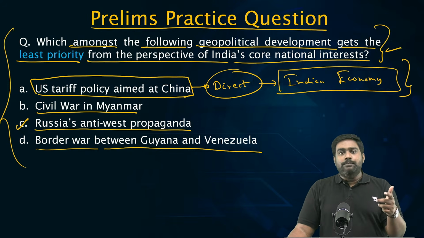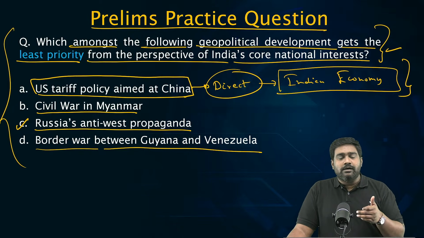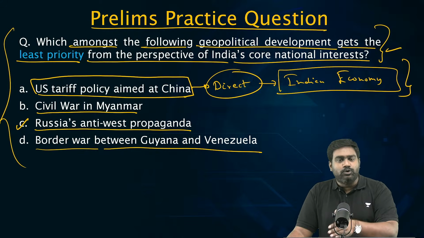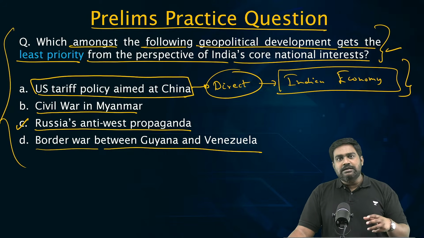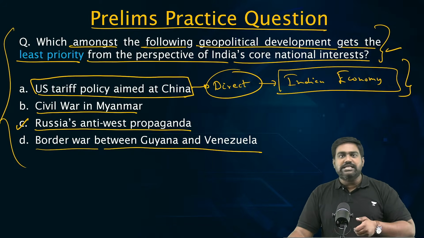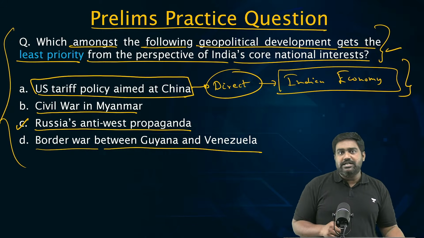In the previous Trump administration, when the US levied tariffs on China, it was good for India because it led to the diversion of some foreign investments from China to India, what we refer to as China plus one. Many foreign companies shifted their manufacturing out of China and started investing in countries like India. So in a way, India benefited from the tariff war between US and China.